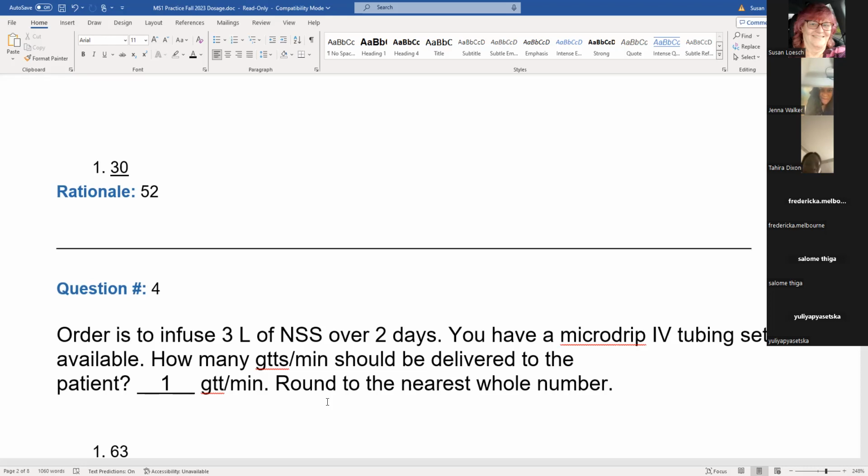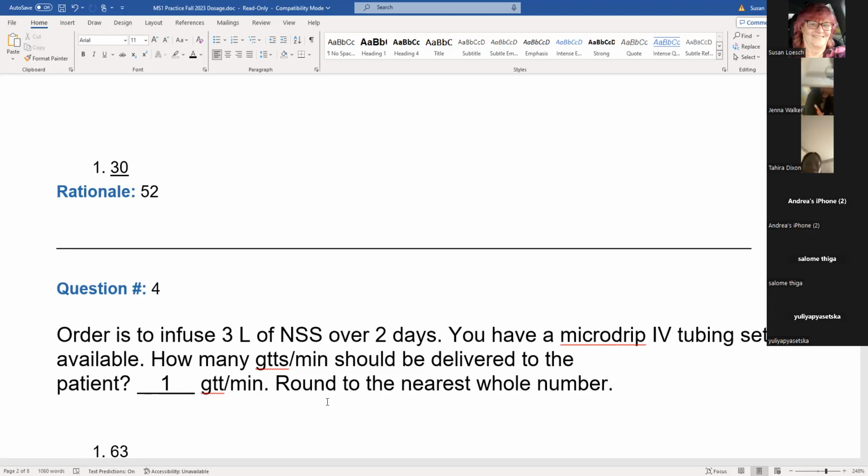Stop right there. Why do you take 3,000? What is that representative of? The 3 liters. It's representative of your total volume. You need your total volume over what? Time.